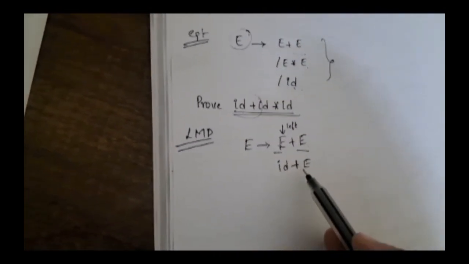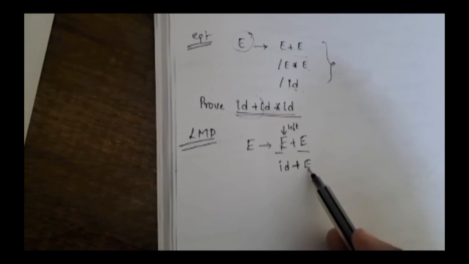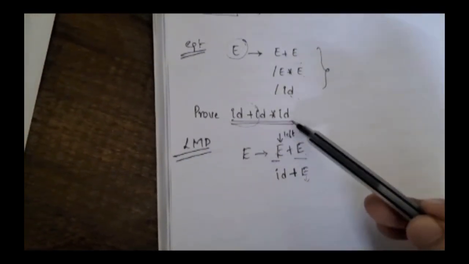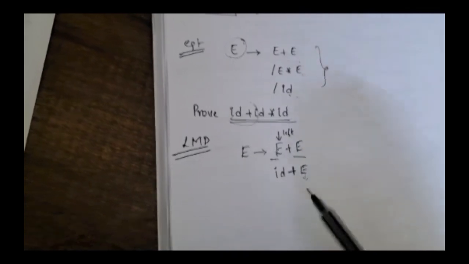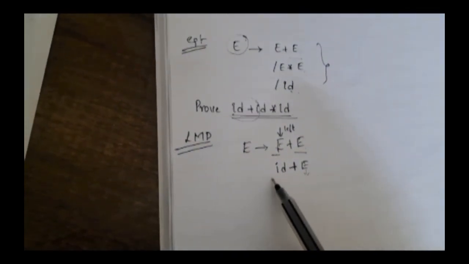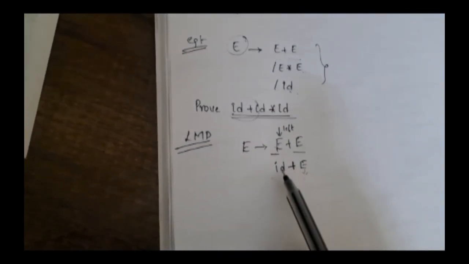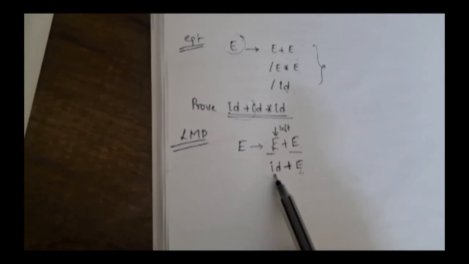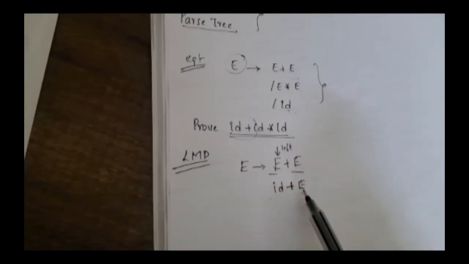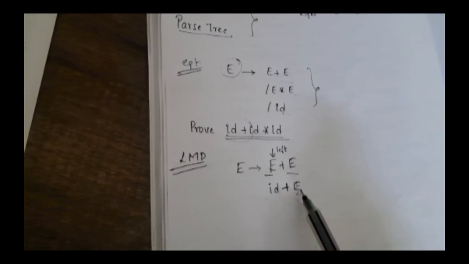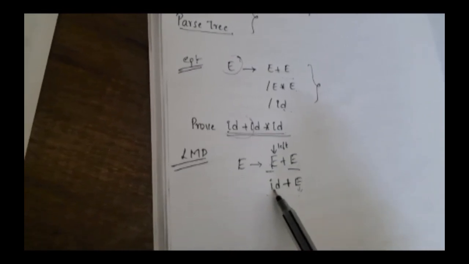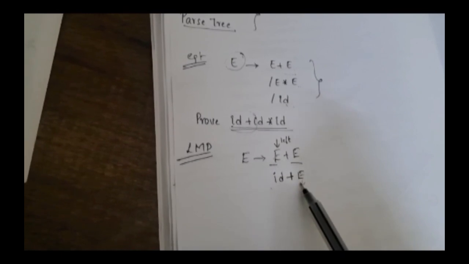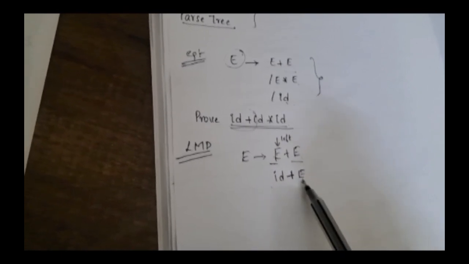So what can I substitute here so that I will get this as an answer? If you see this line particularly, you only have this part to be derived because this is already derived and cannot be derived further. So only this can be derived.